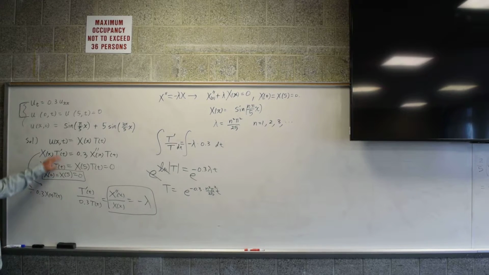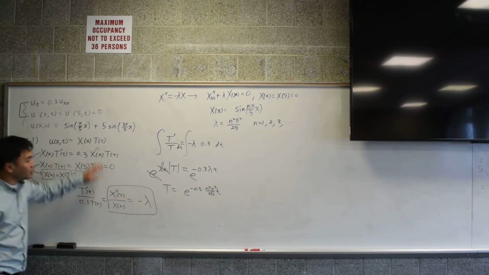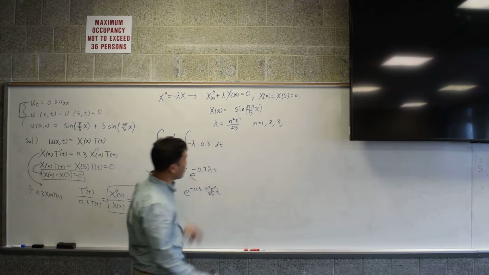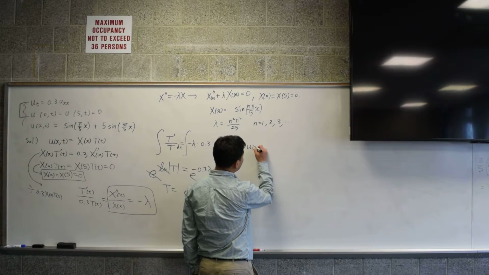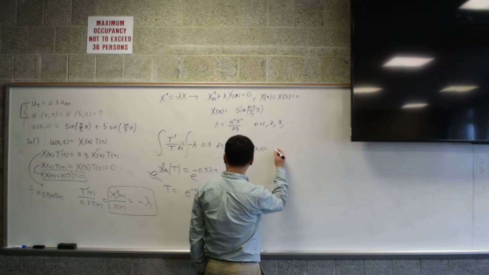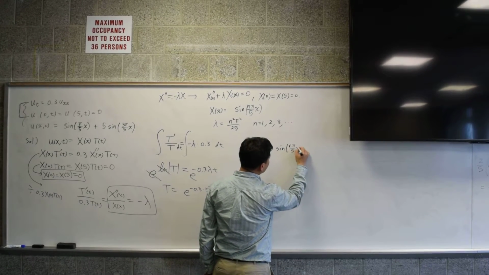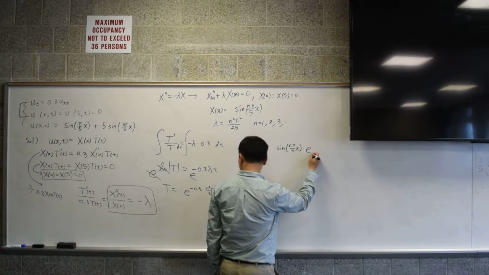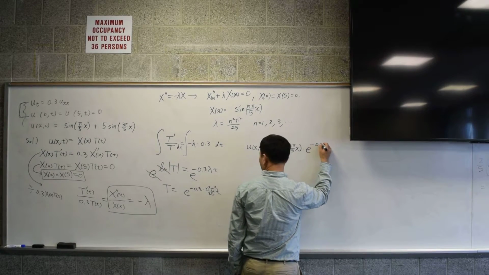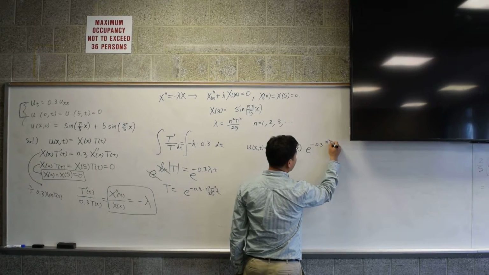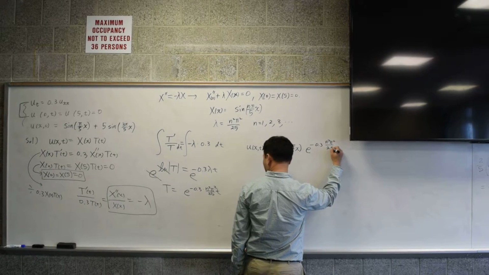And because our original solution looked like x of x times t of t, multiplying these two, I get what u of xt is. u of xt is the product of sine n pi over 5 x times e to the negative 0.3 n squared pi squared over 25 t.